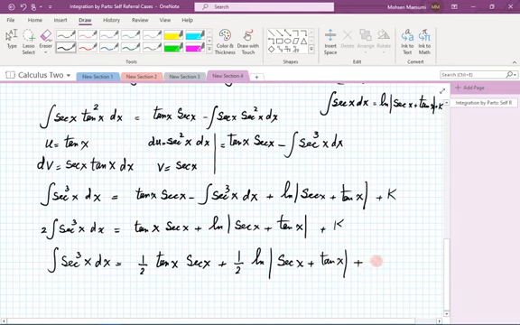Just to keep the formulas nice, you can call it some other constant, maybe c. So that's a formula for the integral of secant cube. Rather strange or unmotivated, but when you do a bit more trig integration, this becomes one of the normal things that we are going to see.